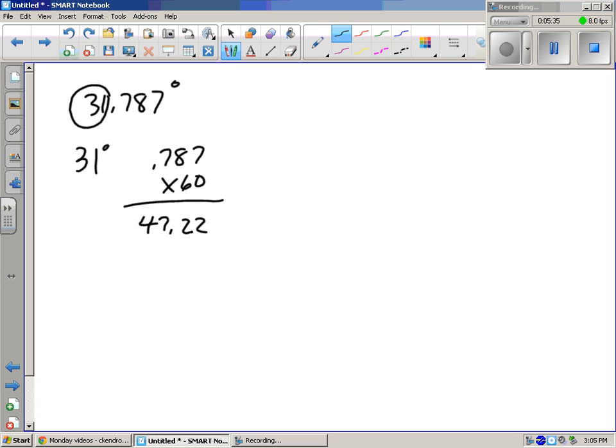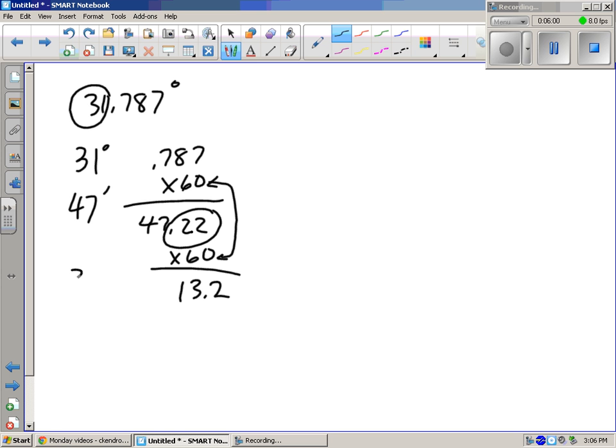Now I know the 47 is my full amount of minutes. Then I'm going to take the 0.22 and multiply it by 60, not 3600, because since I already multiplied it once, if I multiply it a second time, that will be equivalent to 3600. So you multiply 0.22 by 60, and you get about 13.2.